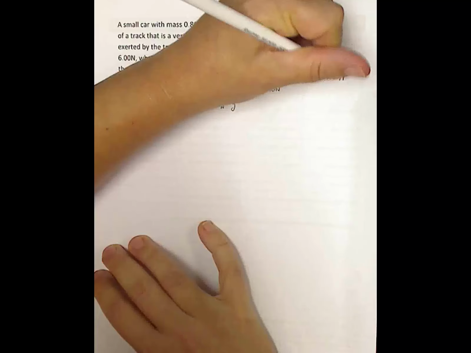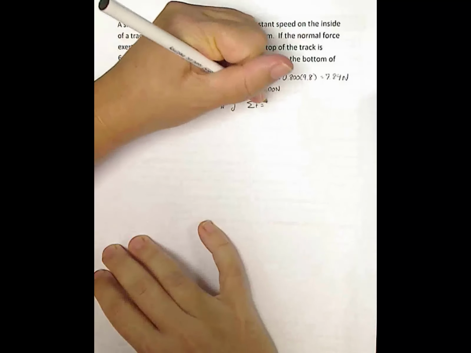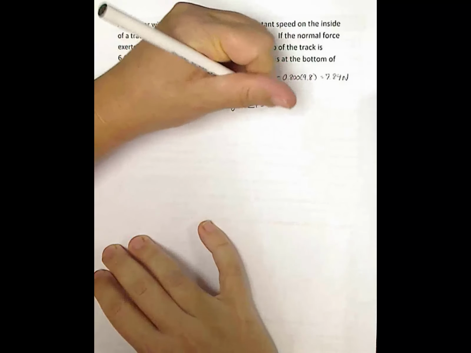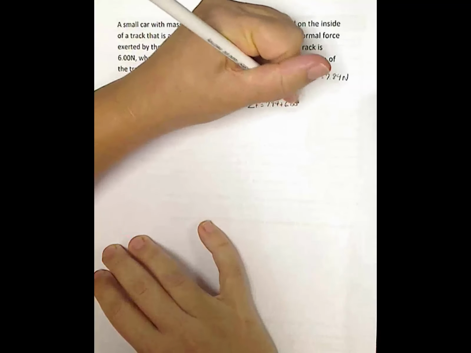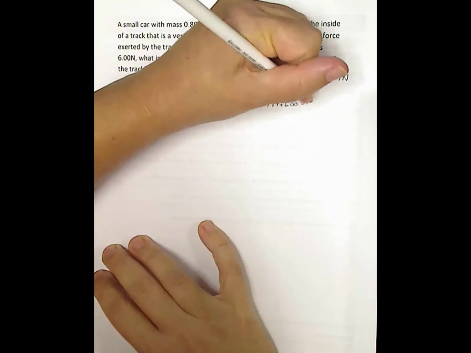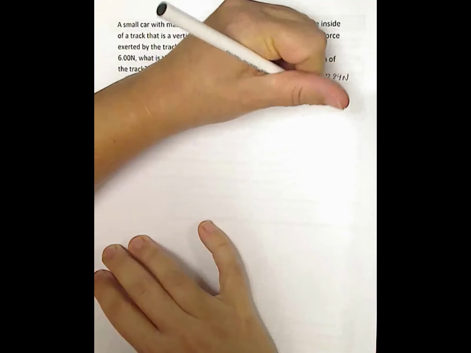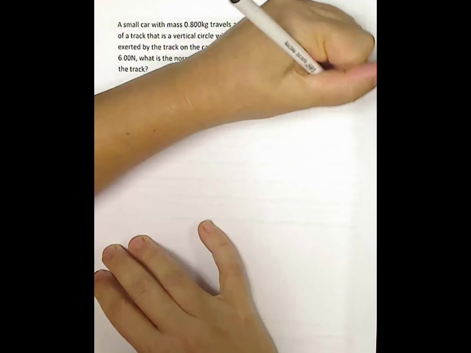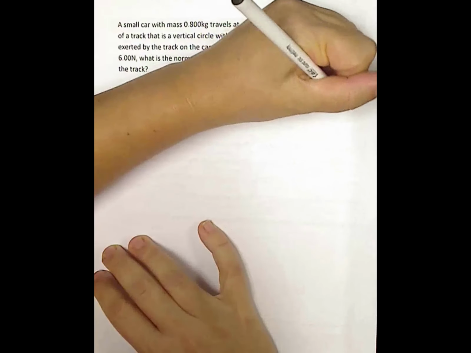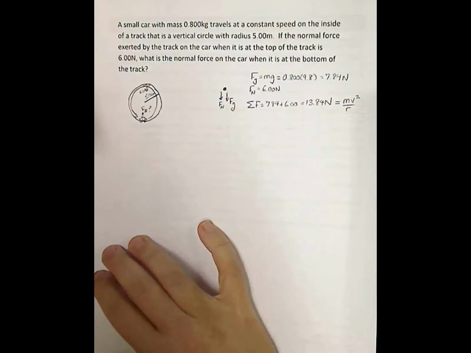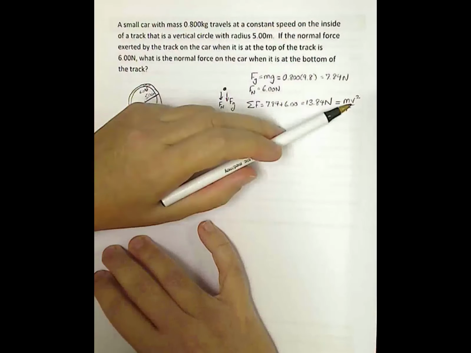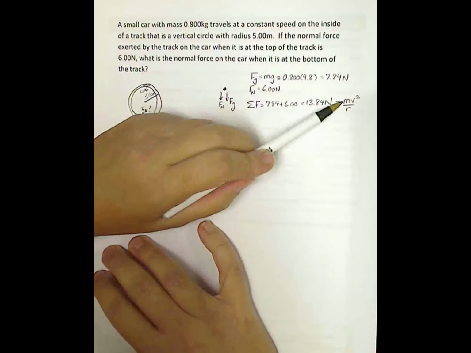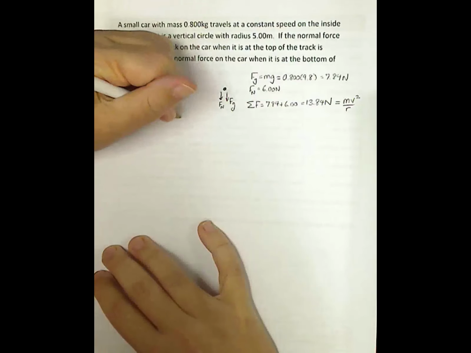So my total force is 7.84 plus 6.00 newtons downward, so it's 13.84 newtons. Okay. What else do I know? Well, I know that that has to be equal to mv squared over r if the thing is moving in a circle. So I could use this to get my speed. I know my mass, I know the radius. So why don't we rearrange it and do that, and then we'll figure out why we want to do that.